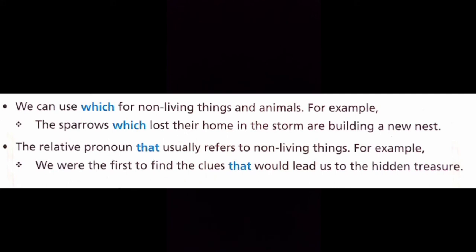The next one, the relative pronoun that usually refers to non-living things. For example, we were the first to find the clues that would lead us to the hidden treasure.